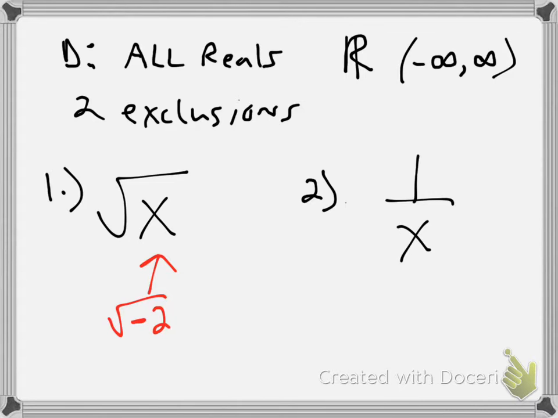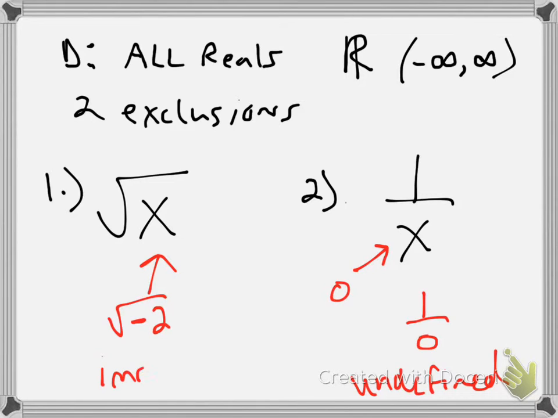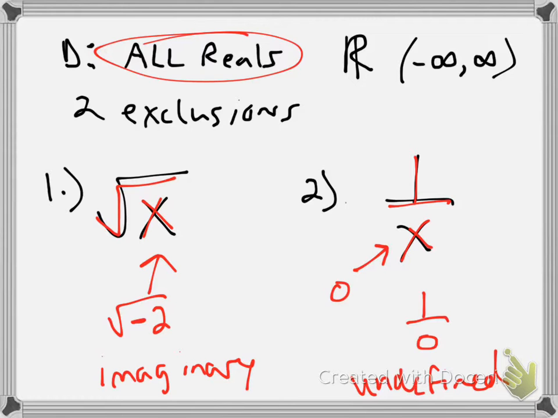And then in the second instance, x cannot be 0 in the denominator of a fraction. 1 over 0 gives us undefined. So imaginary and undefined. So those are the restrictions on our domain. So if you're going along and you don't see a square root symbol with an x under it, or you don't see an x in the denominator, then it's going to be all reals pretty much every time.